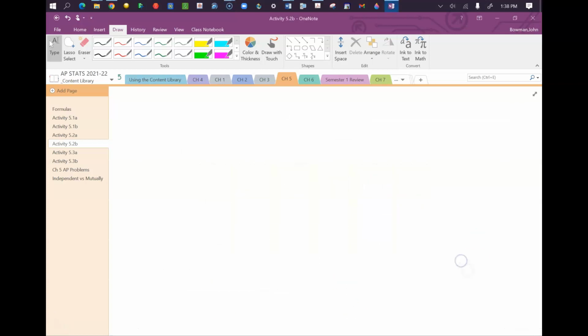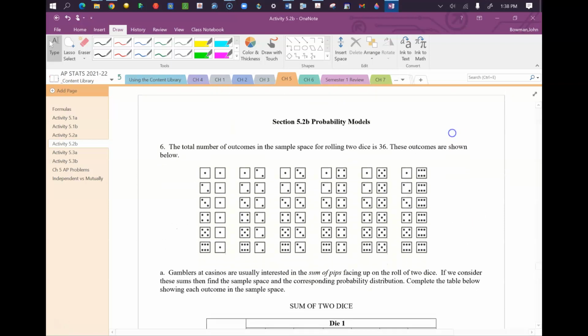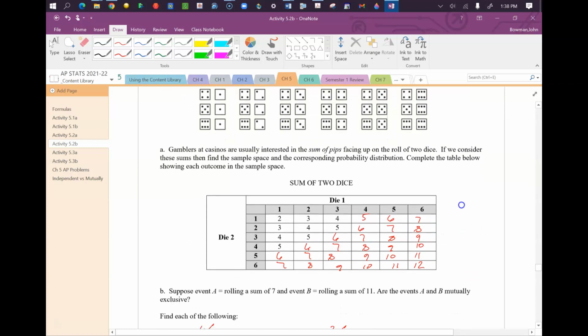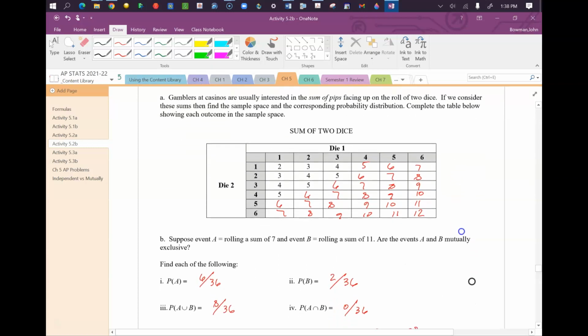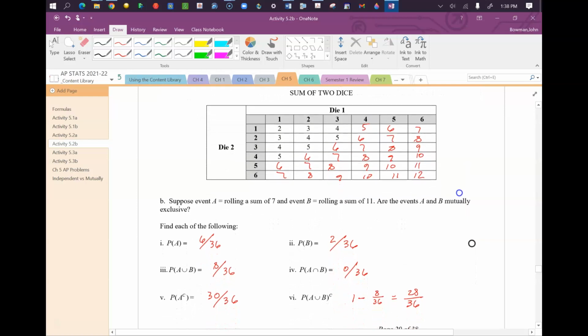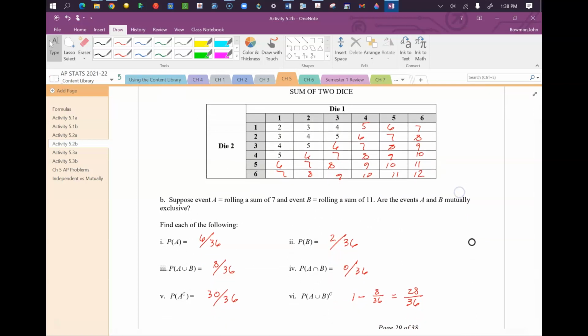So the sample space shown, the 36 possible outcomes for 2 dice, the sum of 2 dice, and this is showing that in a table, which I think is a great way to help illustrate that. The numbers that are filled in red are the sum of the 2 dice. And then events A and B are defined in part B, and here are the corresponding probabilities.